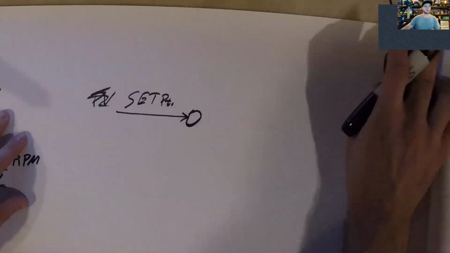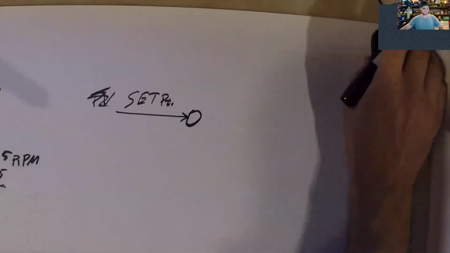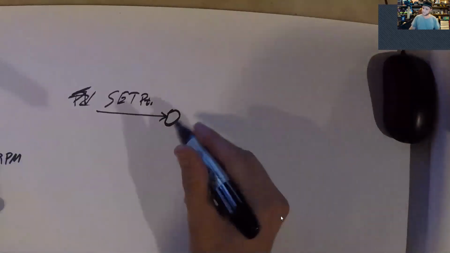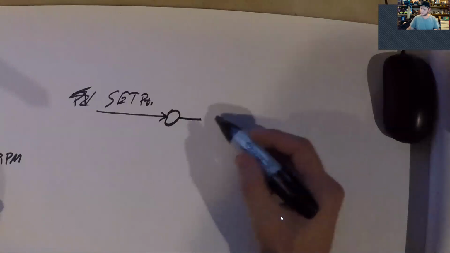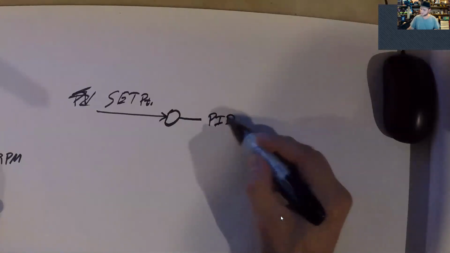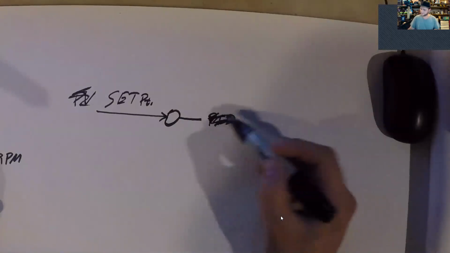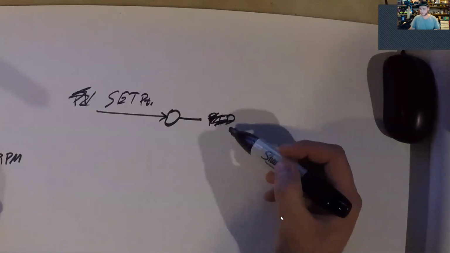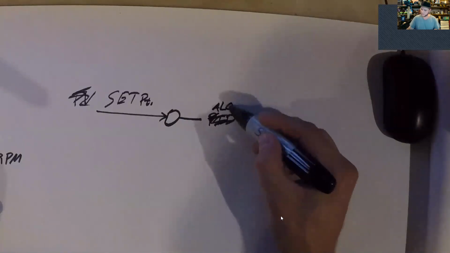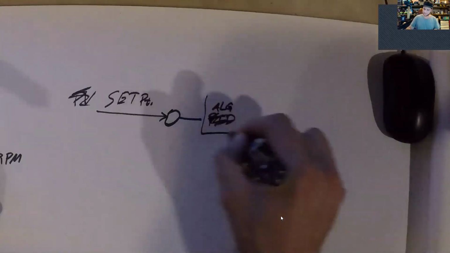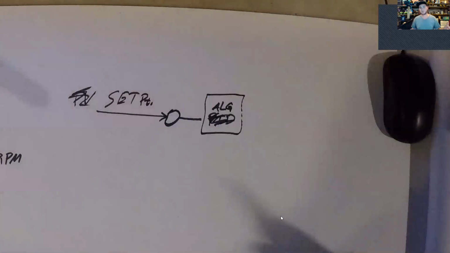That feeds into your algorithm. Okay. I'll talk about that block in a little bit. I forget what this is called. We'll just call this algorithm, ALG for algorithm, right? So we're going to call this my math box.